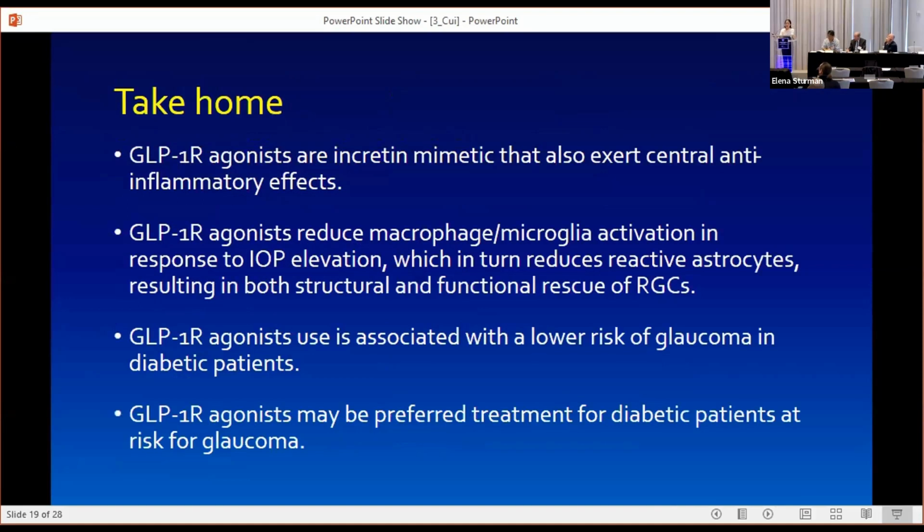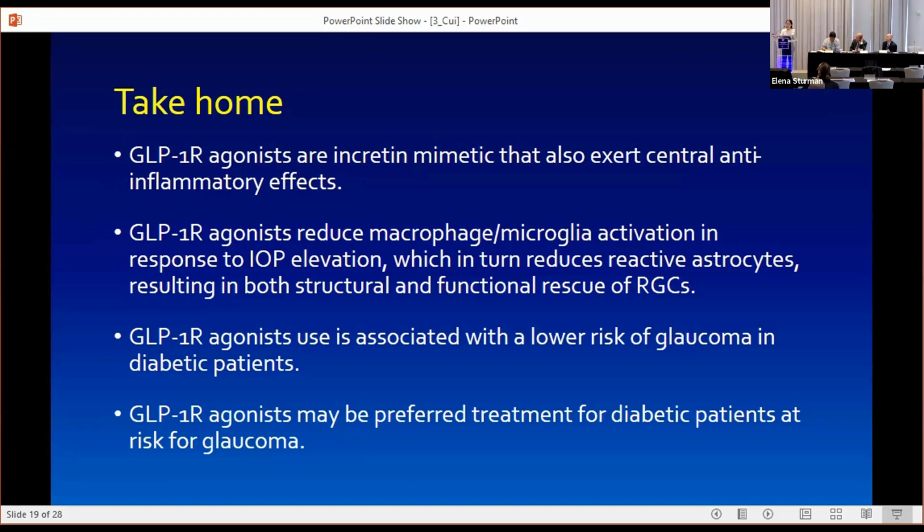So what can we summarize in this story of GLP-1 receptor agonists that is still relatively ongoing in my mind? Well, we know that this class of medication, which are incretin mimetics that also exert central anti-inflammatory effects, reduces macrophage microglia activation, and this occurs in response to intraocular pressure elevation.